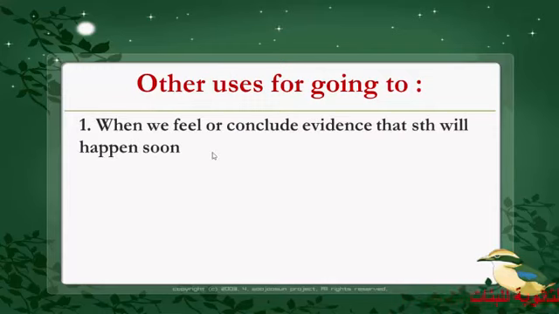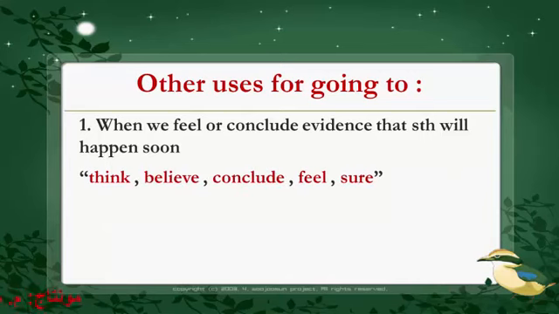We have here the first use, when we feel or conclude, or we have evidence that something will happen soon, with the verbs think, believe, conclude, feel sure. All these verbs express that we have a conclusion or evidence in the sentence that something will happen.